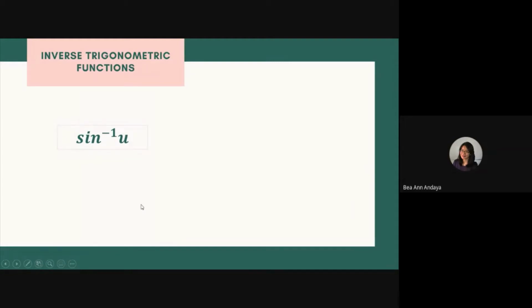So since -1 ang power dito, pwede natin gamitin yung laws on exponents that you can place it in the denominator and magiging positive na yan. So basically, this is just sine of u raised to 1. Pero hindi na natin yan inilalagay. If you can remember your trigonometric identities, 1 all over sine u is basically the cosecant u. That's why they are called the inverse identities.